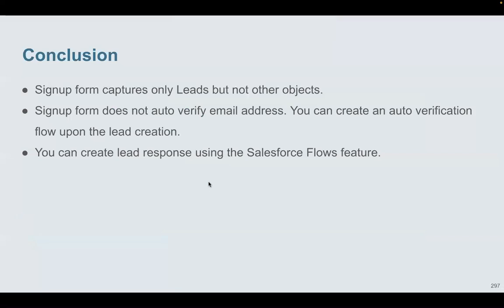Basically, I just want to reiterate that it only captures leads, but not any other objects or records, meaning no contacts and no other custom objects, just leads. And then you can auto verify email. We don't do the verification by default. If you want to auto verify, you can do that. I'm not talking about ill-formed email addresses.